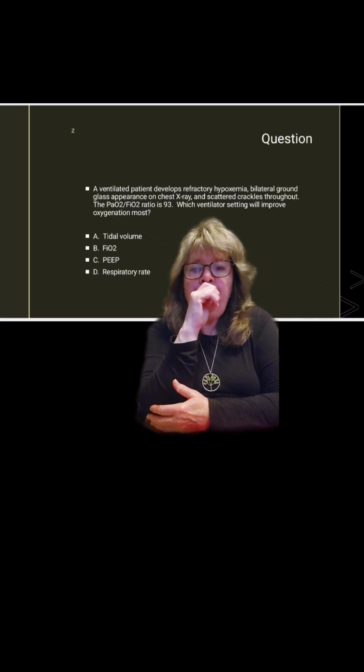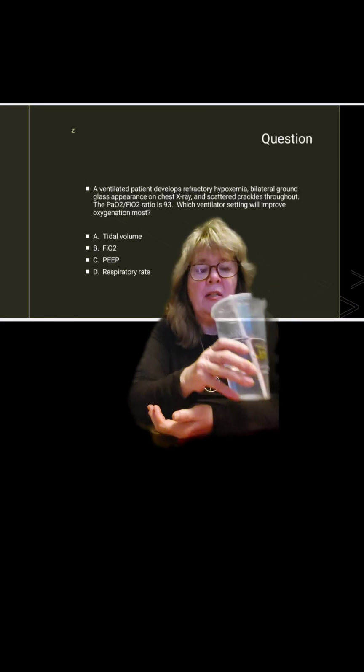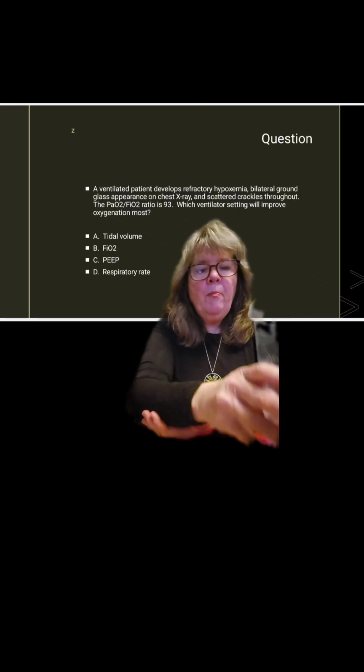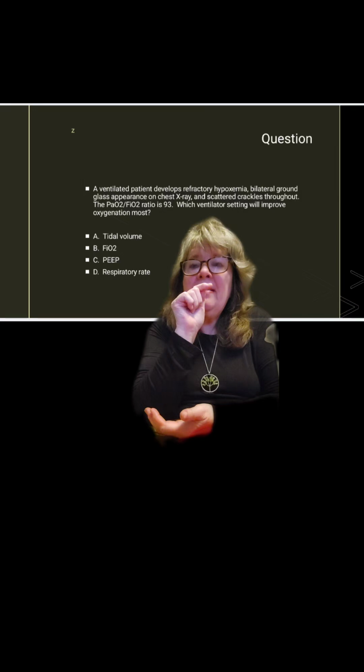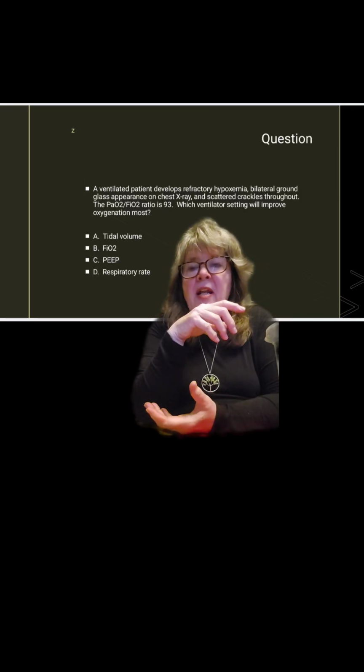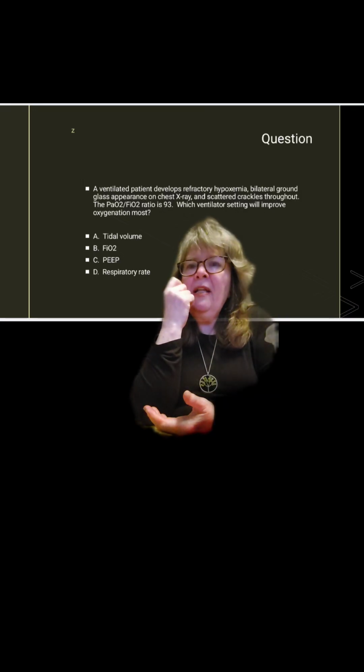So again, refractory hypoxemia suggests to you that you have a right to left intrapulmonary shunt, which means blood is coming from the right side of the heart, going down to the lungs, never getting fully oxygenated, but yet coming back up to the left side of the heart without being fully oxygenated.